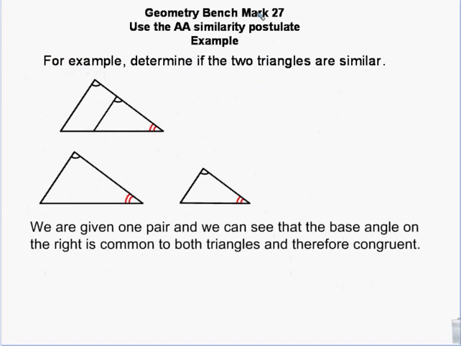Okay. So here we have two triangles that are nested, kind of like those nesting dolls. If we pull them apart, they're sharing this angle. And because they're sharing that angle, it makes it the same.